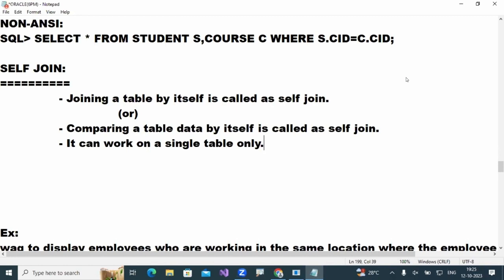Virtual means imagination; actually nothing was there. That kind of thing we call virtual. So if I want to compare myself, we need to create one virtual image.